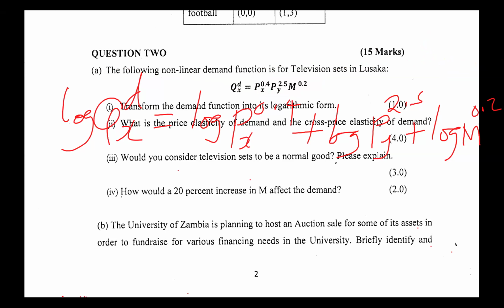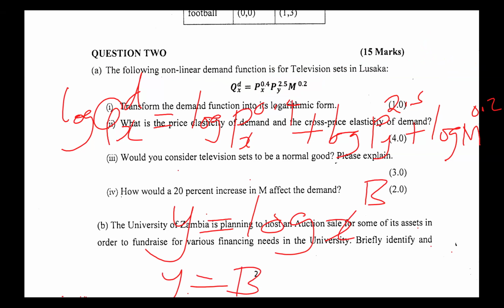Log, and say plus. Log even here, put plus, then log. And once you log all of them, now look at what is happening here. There is a rule that I introduced to you of the log functions that says that if you have a log, let's say you have log x to the power b, you can still rewrite this as b log x, where you drop this power.